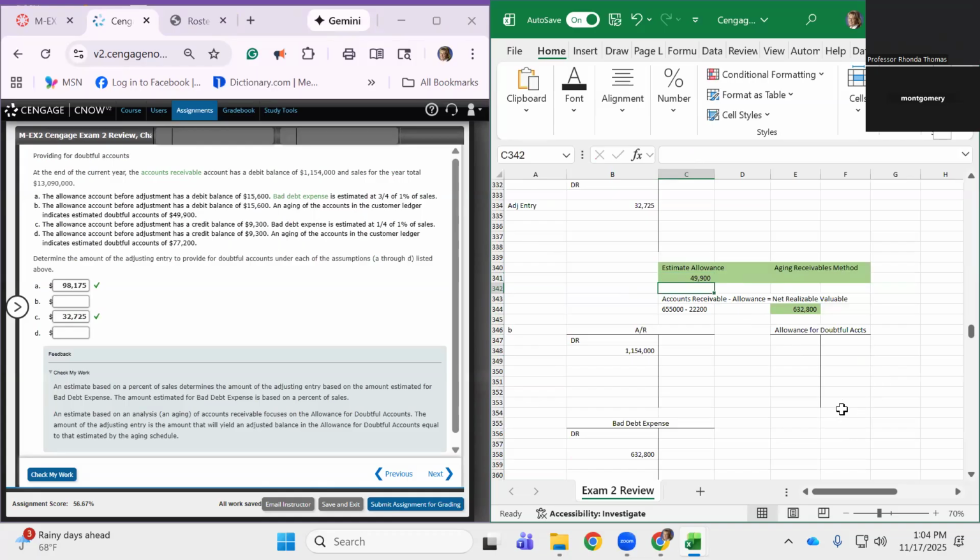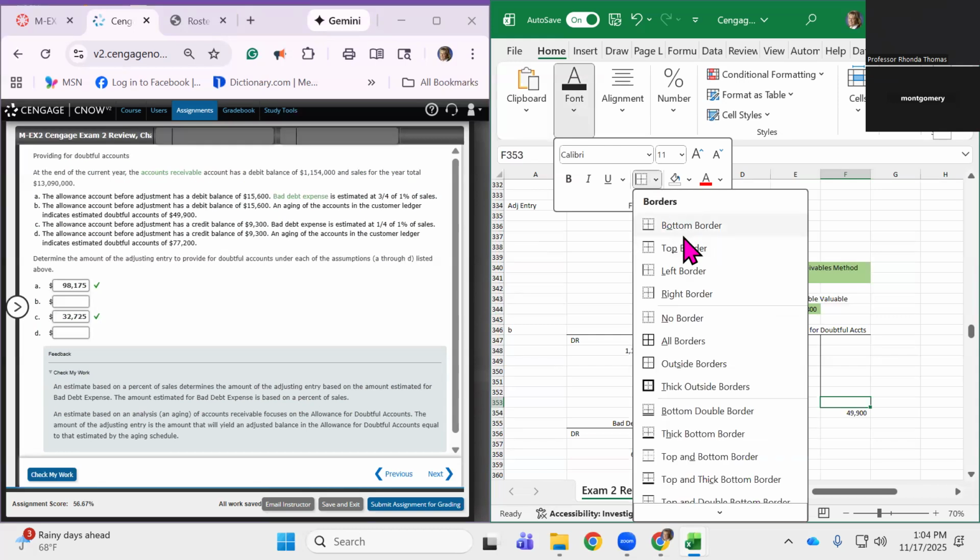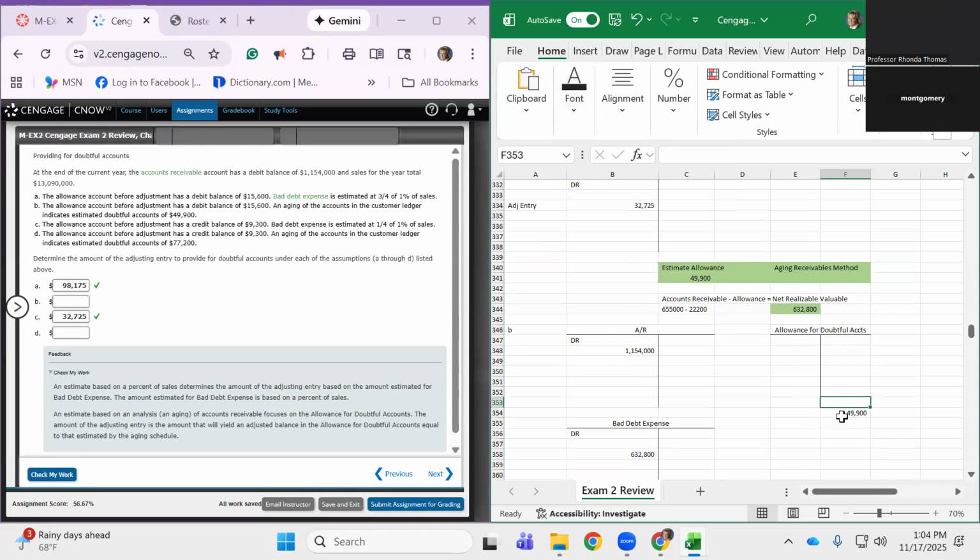That's how much you want in here. That is going to be the new balance when we do an adjustment. We're going to put a number in this account so that it balances. This is the estimated balance, and that's how much we need it to be.